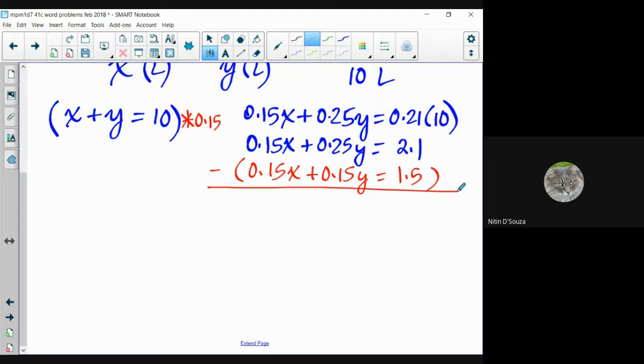These go away. This gives me 0.10y equals 0.6. So y is 0.6 divided by 0.1, which is 6.